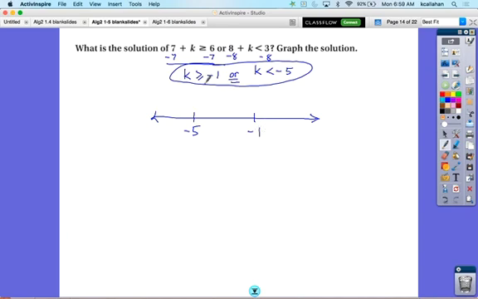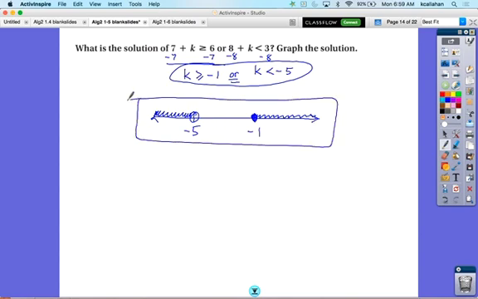Greater than or equal to -1 would have been closed circle, shaded to the right. Less than -5 would have been open circle, shaded to the left. In order for the compound inequality to be true, just one has to be true, at least one. And so that would include this area on the graph and this area on the graph. So that is the graph of the solution. Just leave them like that. You're not looking for an overlap, and you cannot do a three-part inequality for something like this. Would not work.